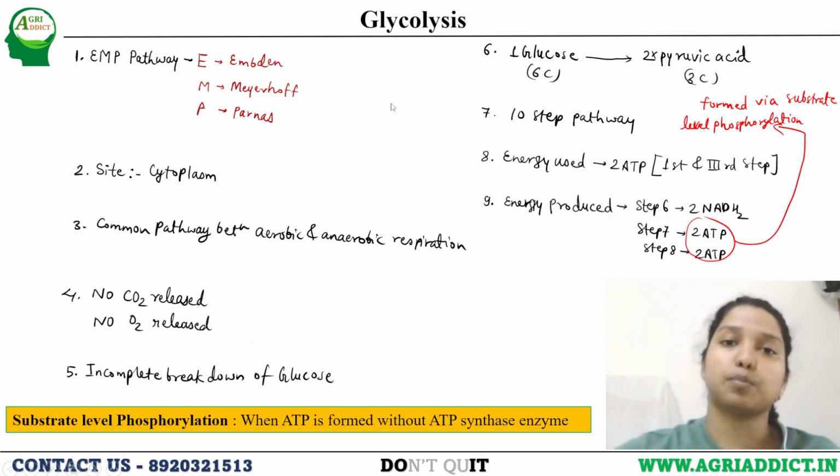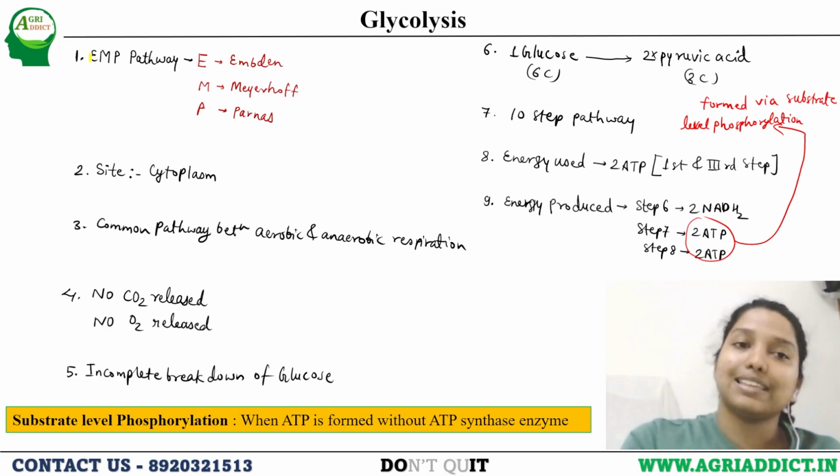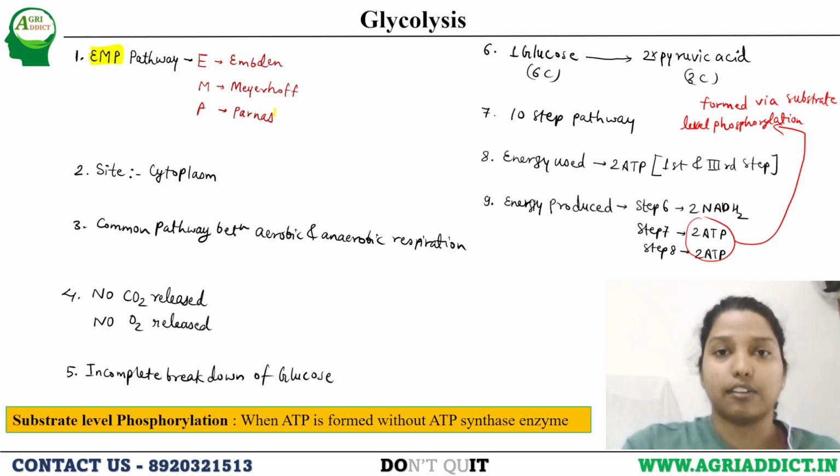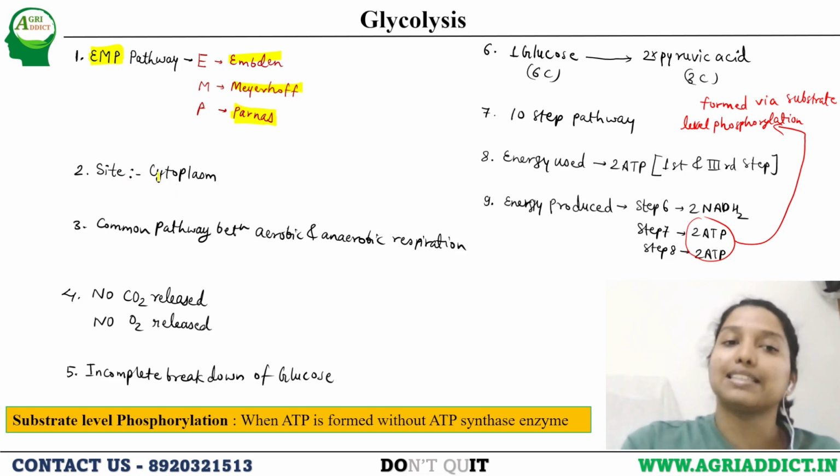Now comes the first process, that is glycolysis. Glycolysis is also known as EMP pathway. Why are we calling it EMP? Because the three scientists who found out this process are Emden, Meyerhof, and Parnas. So you have to remember the three scientists' names. And the site of glycolysis is cytoplasm.